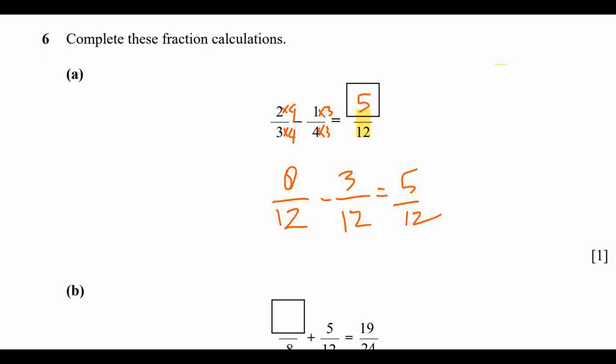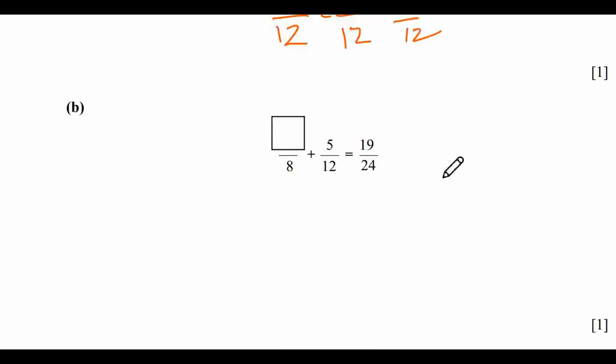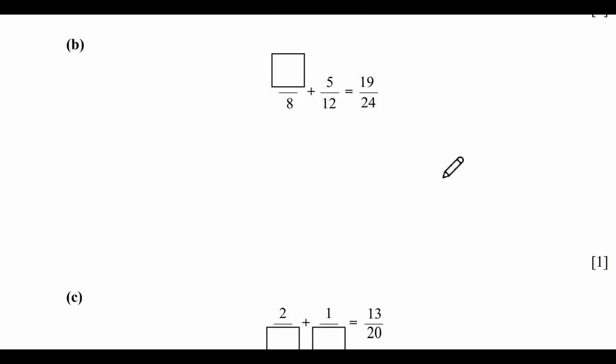Next, we move on to the next question. Something over 8 plus 5 over 12 equals 19 over 24. So you see the greatest denominator is 24.